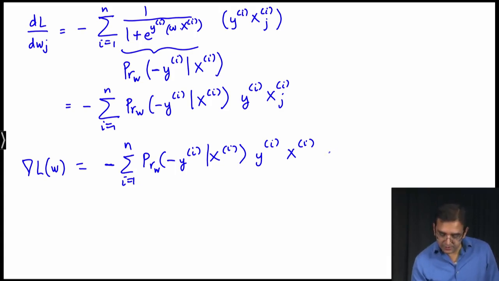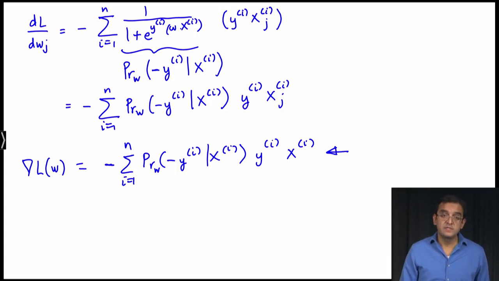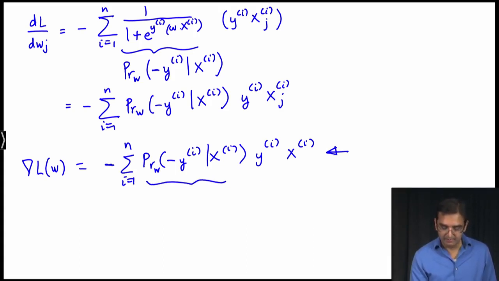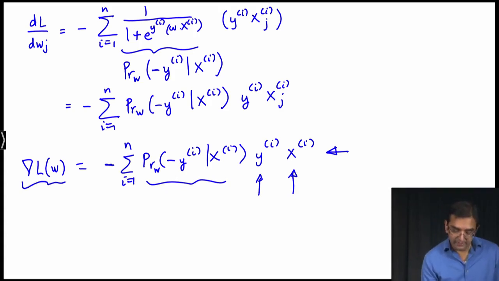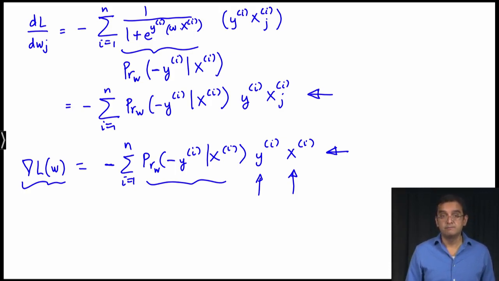Well, just look at this equation over here. Most of the terms here are just scalars, just numbers, okay? So this is some number. This is either plus 1 or minus 1. The only thing that's a vector is this x at the end. So the jth coordinate of this thing is exactly this formula over here. Okay? You copy down the same thing, but you just take the jth coordinate of x.